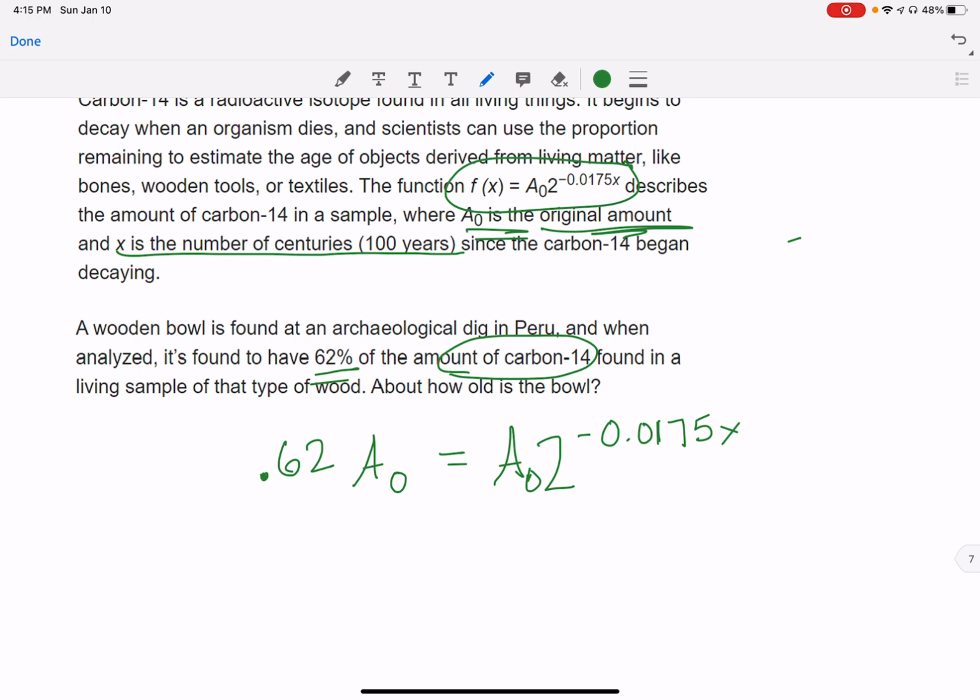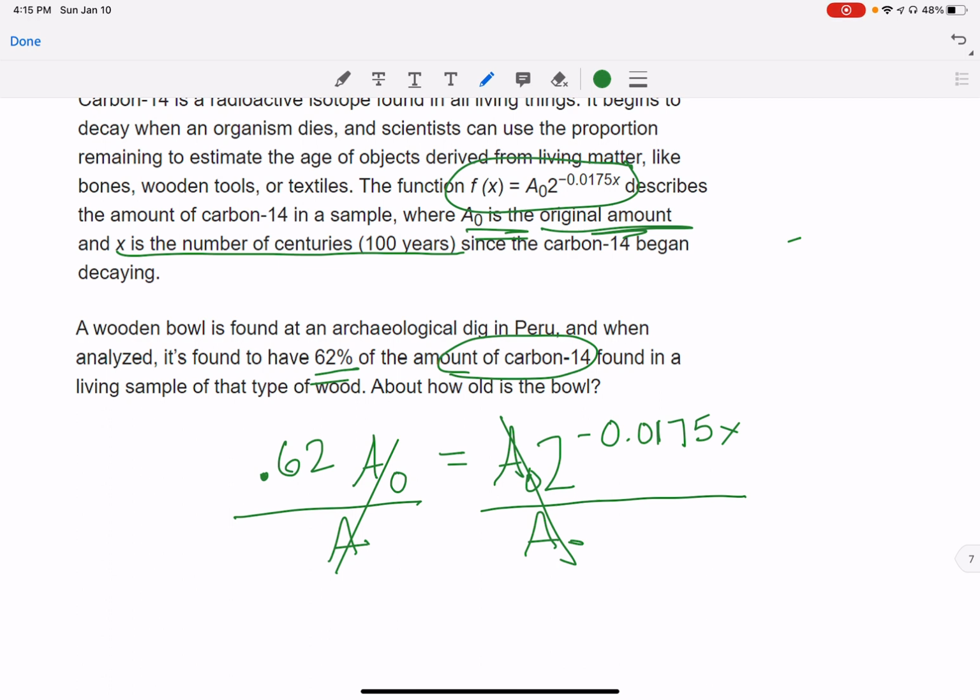Okay, let's just try to get through this problem as it is the last problem. The first thing we can do is get rid of this A-naught, the original amount, because it's on both sides, so we can cancel that out on both sides.